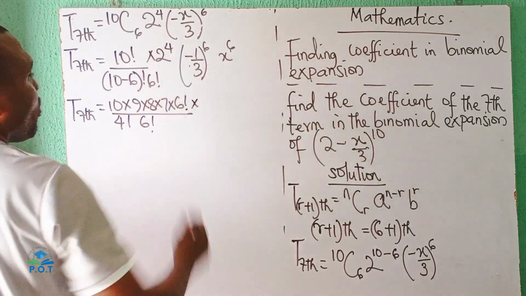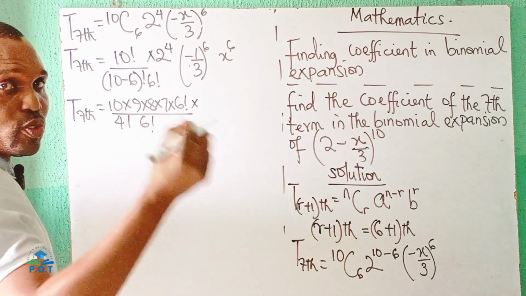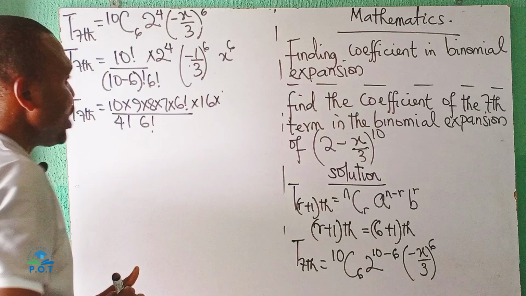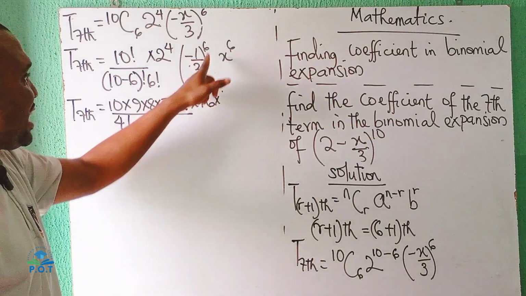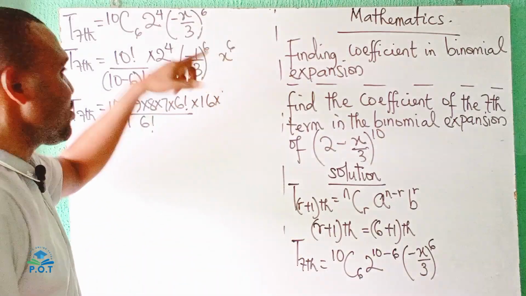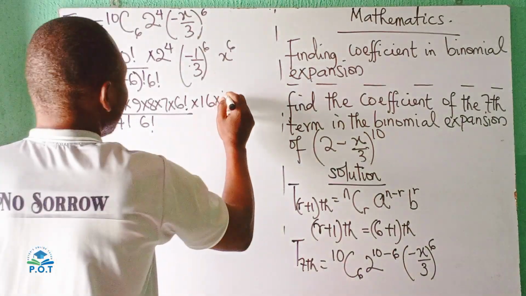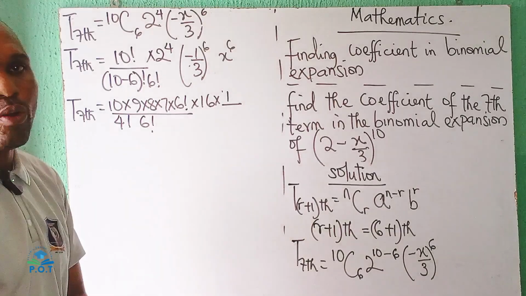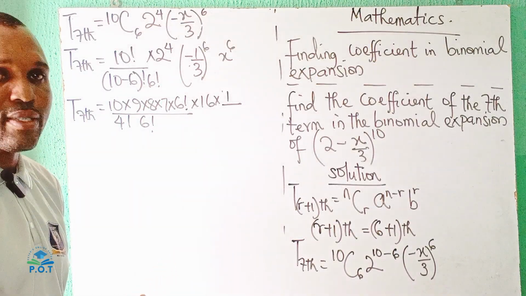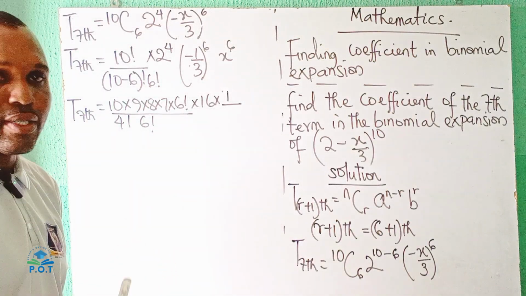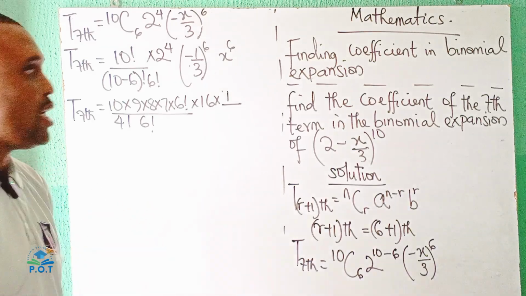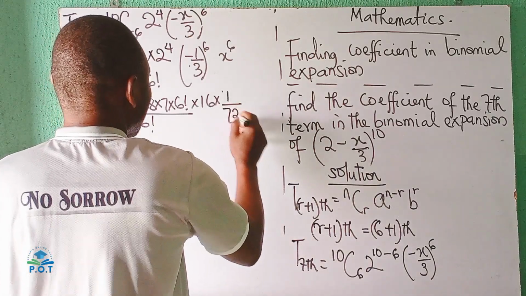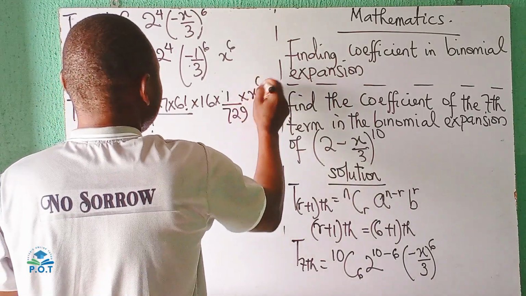Now, 2 raised to the power of 4 is 2 times 2 times 2 times 2, that gives us 16. Then, if you check here, this is a negative sign and this is an even number, so of course the negative sign goes away. So we'll be having 1 over 3 raised to the power of 6. That is 3 times 3 times 3 times 3 times 3 times 3, which gives us 729. So I'm having 729 times x raised to the power of 6.